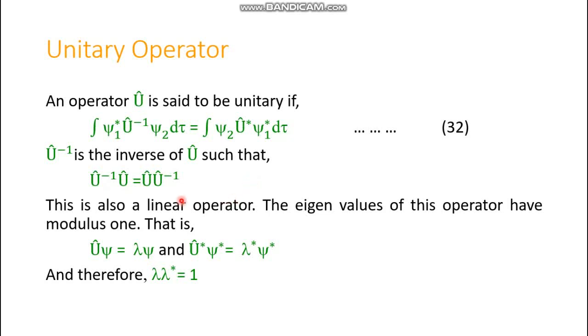That means if psi is operated on by the unitary operator U cap, and some value lambda is obtained along with the same function psi, and similarly the same thing for the complex conjugates, then two eigenvalues are obtained. One is lambda, another is lambda star, and their product is 1. So the eigenvalues of this operator have modulus 1.